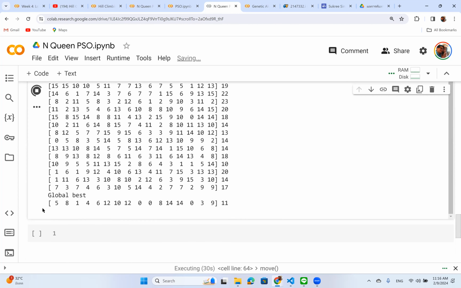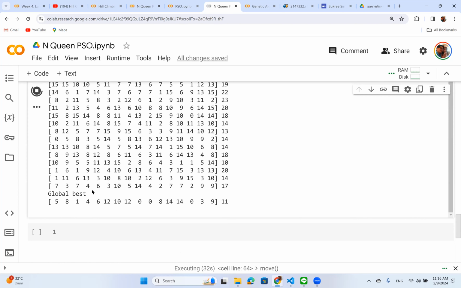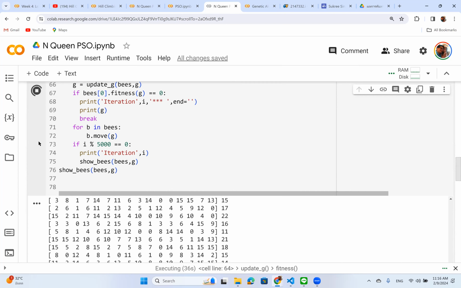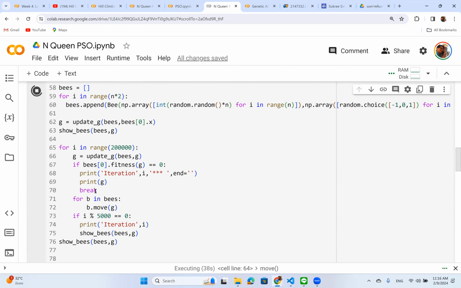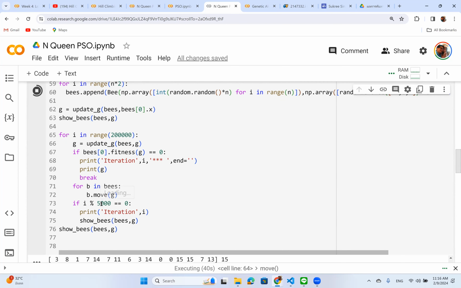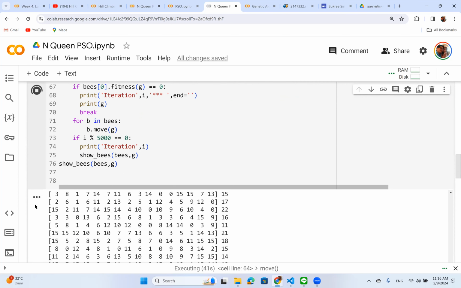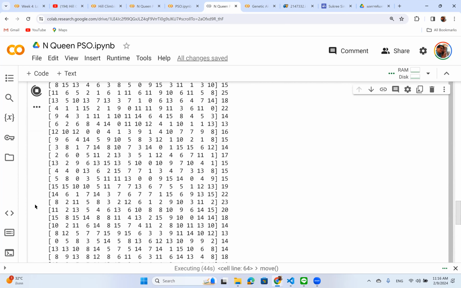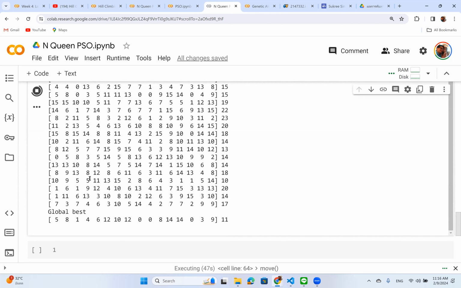I think I print every 5,000 iterations: I print all the information of the bees on the screen and also the global base. So let's wait and see the result.